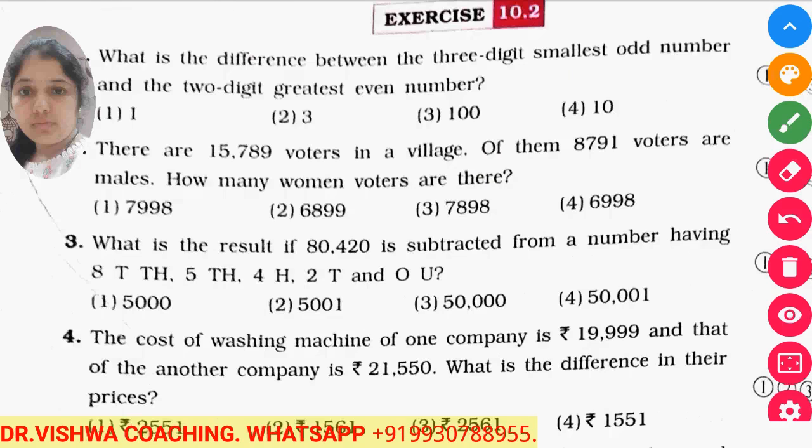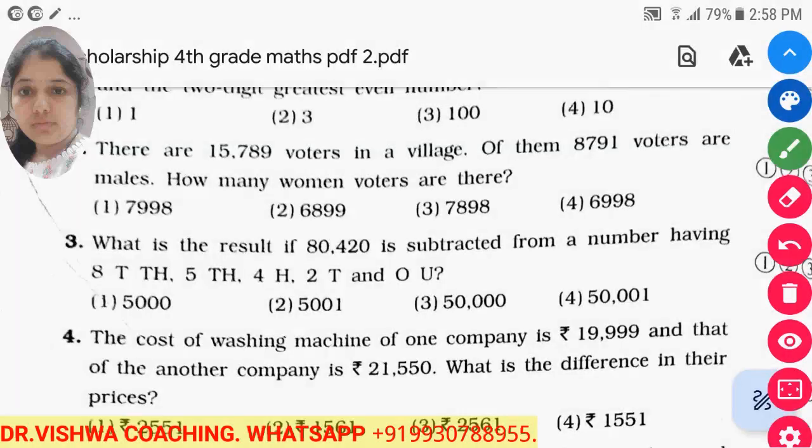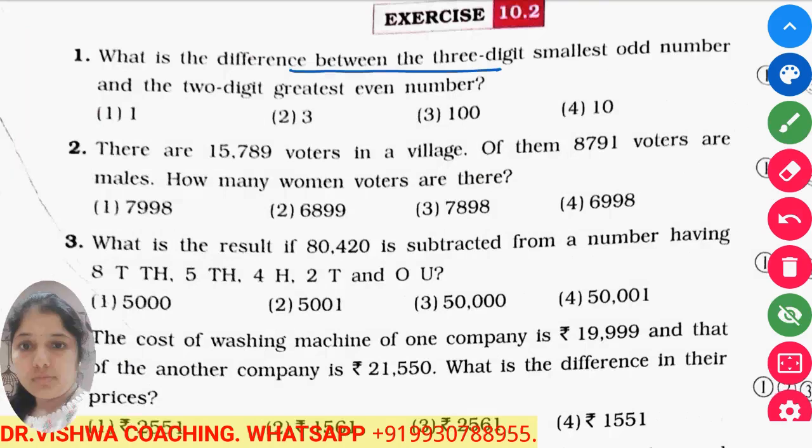Now see, the next exercise is based on word problems as we saw in the addition. What is the difference between the 3-digit smallest odd number and the 2-digit greatest even number? Now see, 3-digit smallest odd number.